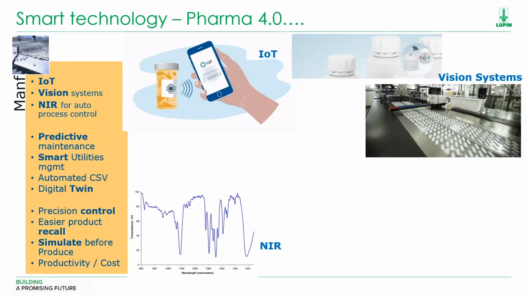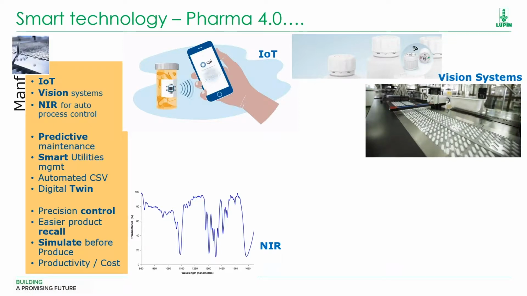NIR also has been around for a while, but in pharma there are many areas where we can actually leverage it. For example, in a batch run, it says it has to run for 6 hours or 8 hours or whatever the number of hours is, but you don't know actually where that particular mix has reached the consistent quality that it needs.